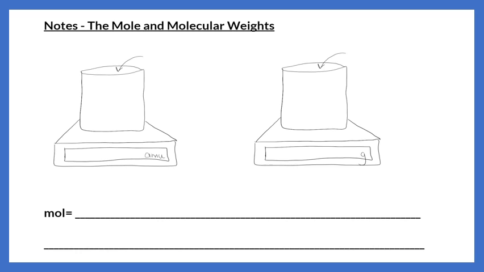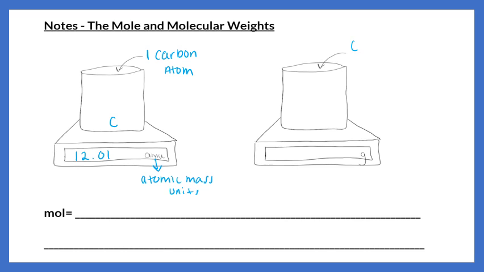So moles and molecular weights. If I was to take just one carbon atom and weigh it, it would weigh 12.01 AMUs, atomic mass units. And that's if I just have one carbon atom sitting in my bucket.